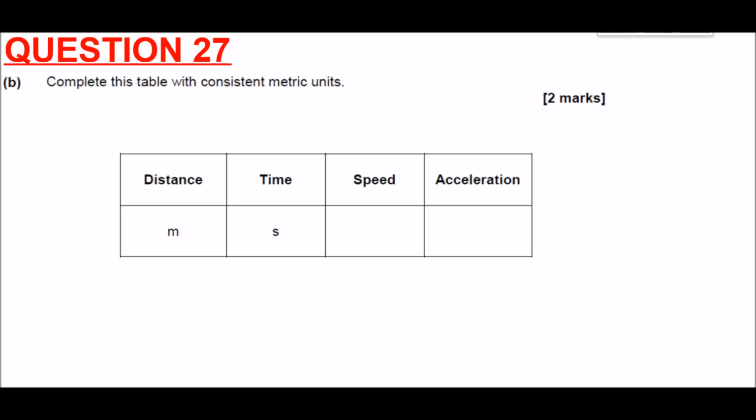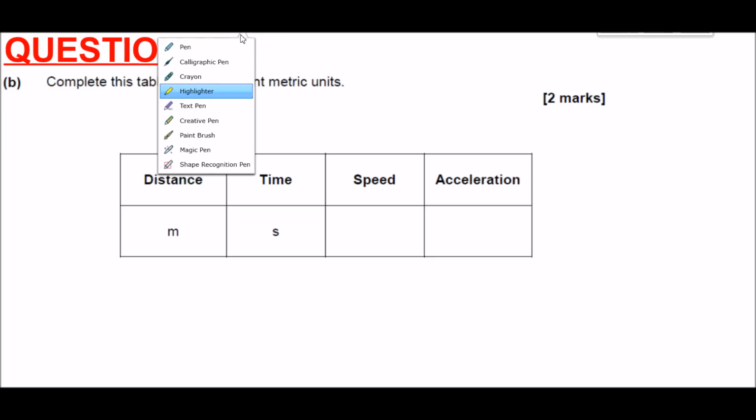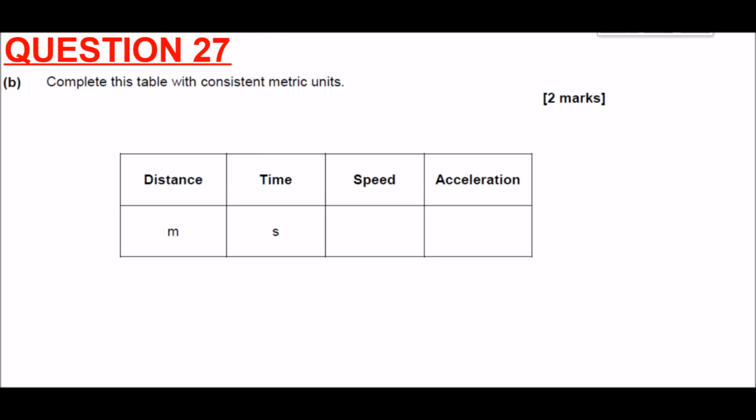Part B, we now need to complete this table with consistent metric units. So it says metric, it means we're not talking about miles or yards or feet and inches. It means meters, kilometers, kilograms, and so on. Now one of these you should find quite straightforward. The other is a bit trickier.